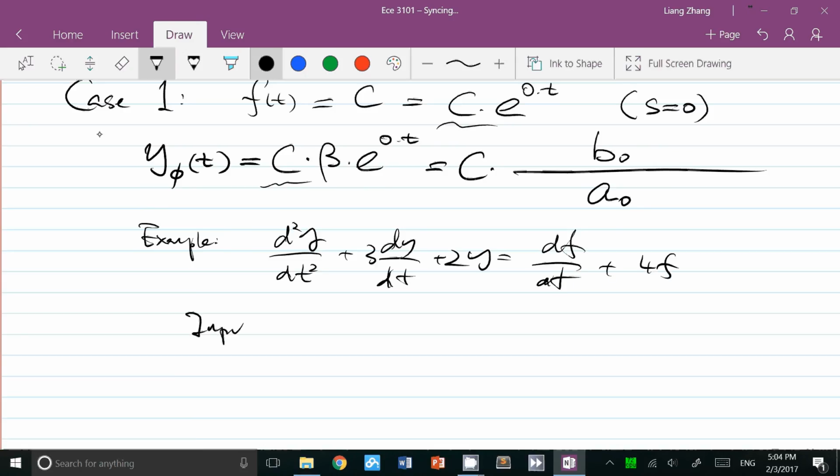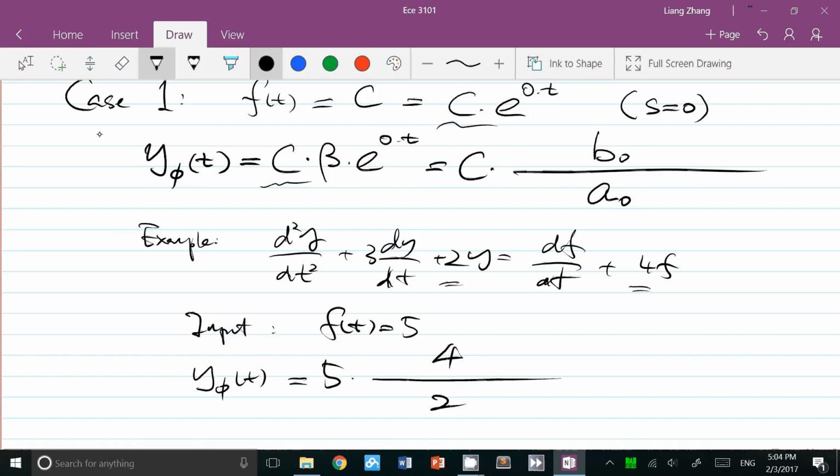If my input is f of t equal to 5, then my forced output equals the amplitude of my constant, 5, times b0 being 4 over a0 being 2. So at the output I should have the constant 10, meaning the system is actually amplifying this by a factor of 2, or doubling the amplitude.